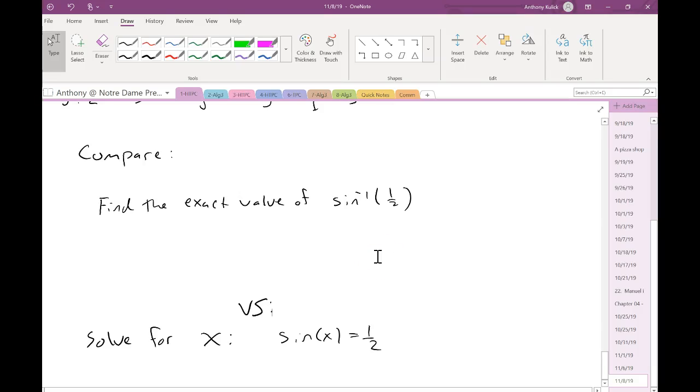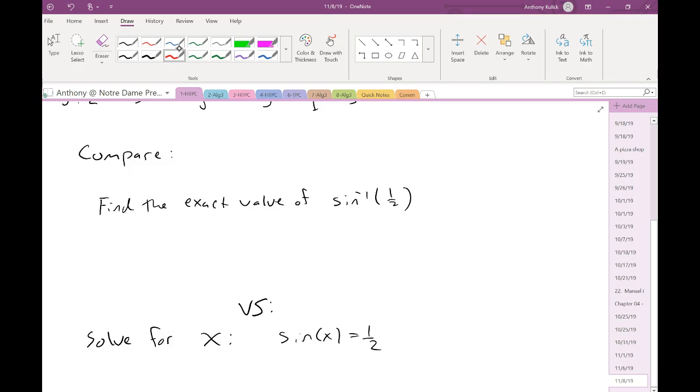All right. So this first question looks a lot like a chapter 4 question, right? It is. So you could do that first question just by using the unit circle.